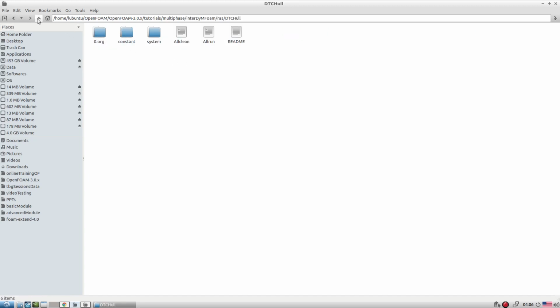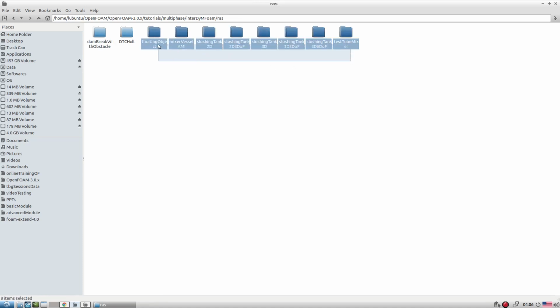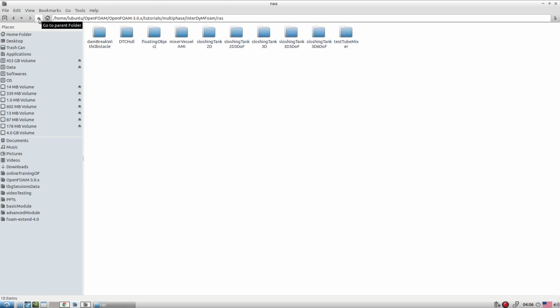That is the same test case I adapted from here. Floating object, mixing, sloshing tank, that I also showed you here. Then dam break with obstacles. Then something like a sloshing 3D tank with the 6 DOF options. So all these things are possible. Different motions are given here. You can observe that from this area.